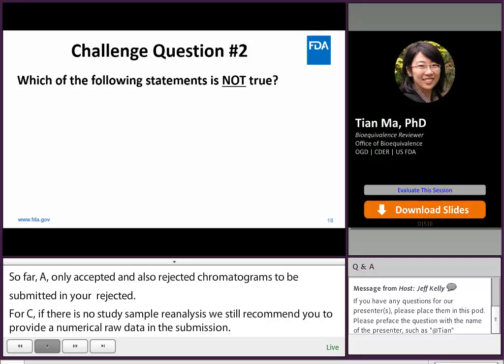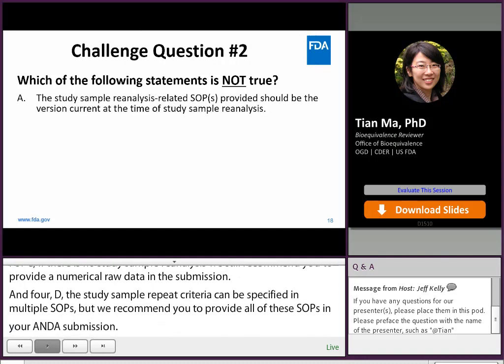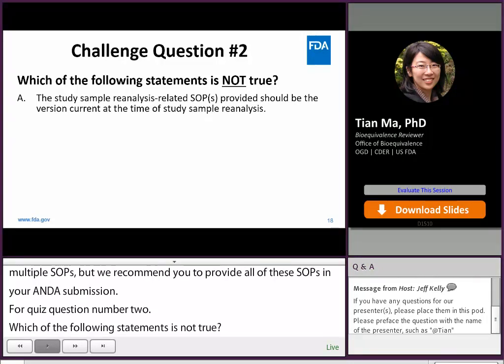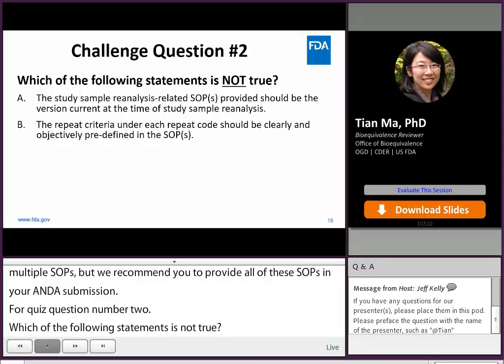So for quiz question number 2, which of the following statements is not true? A, the study sample reanalysis related SOPs provided should be the version current at the time of study sample reanalysis. B, the repeat criteria under each repeat code should be clearly and objectively predefined in the SOPs.